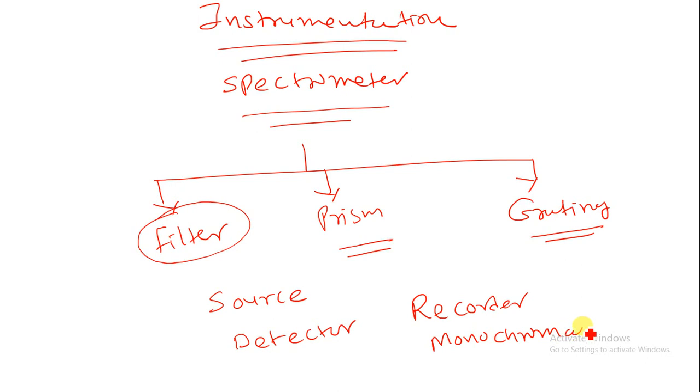These are the segments in which the instrument can be utilized for the source, detector, recorder or monochromator. So now let us start with our UV spectrometer. Let us write down over here, UV spectrometer. I am giving the block diagram for the UV spectrometer.